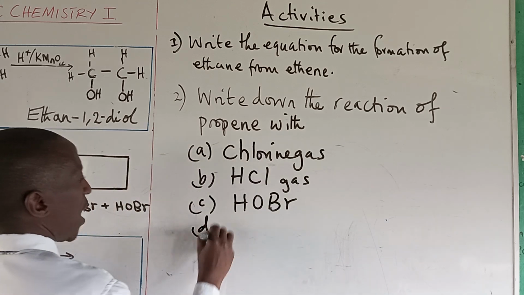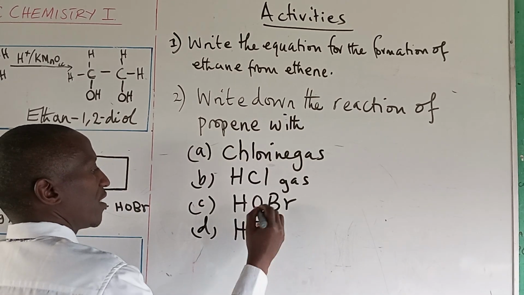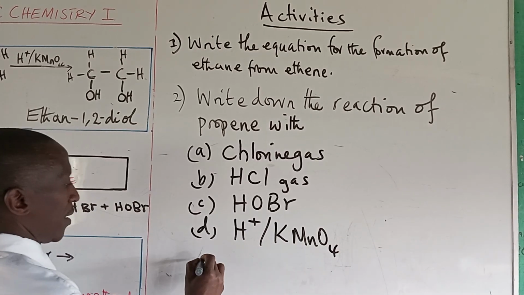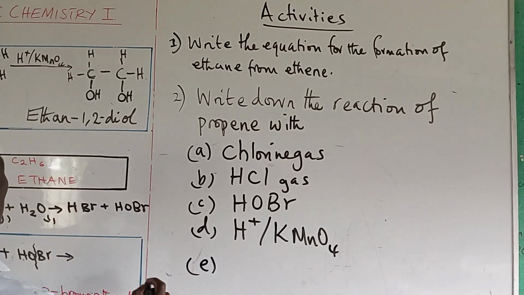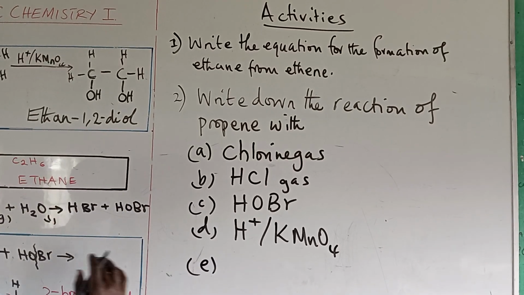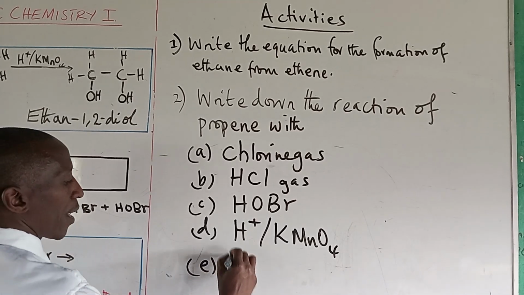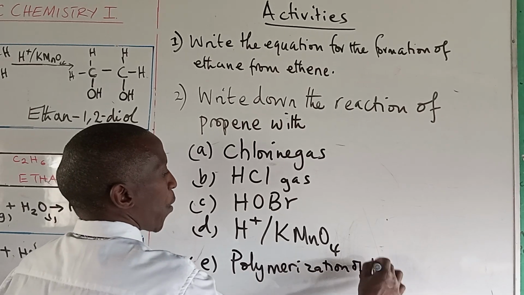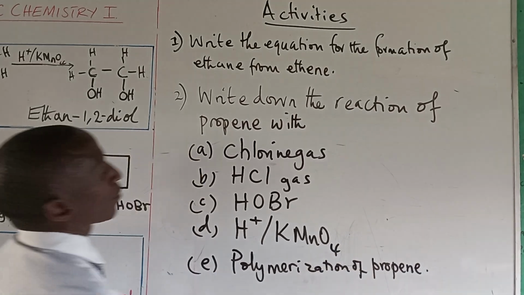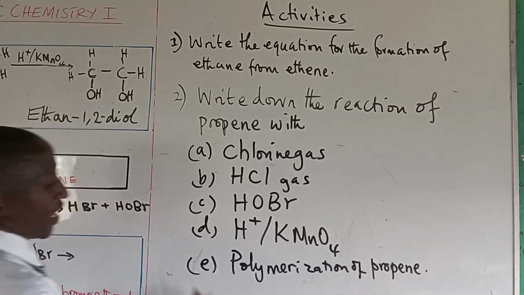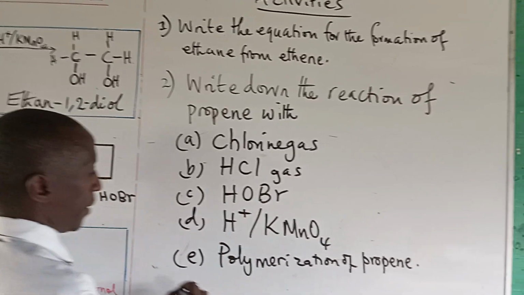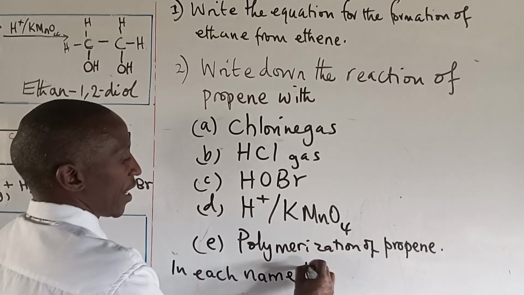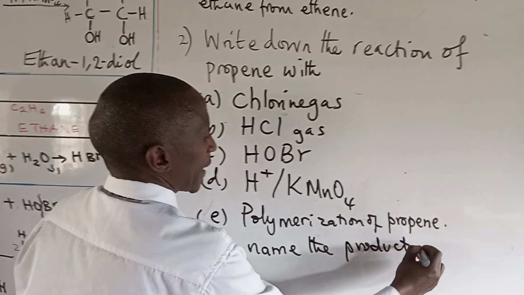We shall also write down D, its reaction with acidified potassium manganate as an oxidizing agent. And E, we shall also write down the polymerization of propene. How does it get polymerized? And in each case, we shall put a rider there: in each case, name the product.